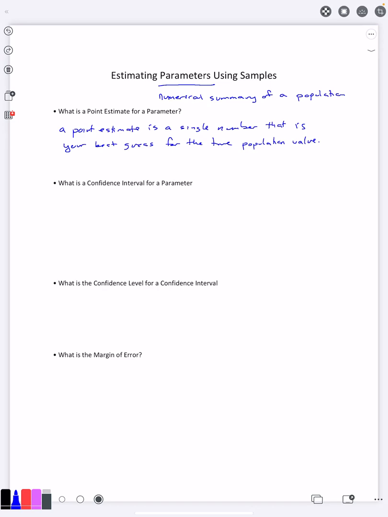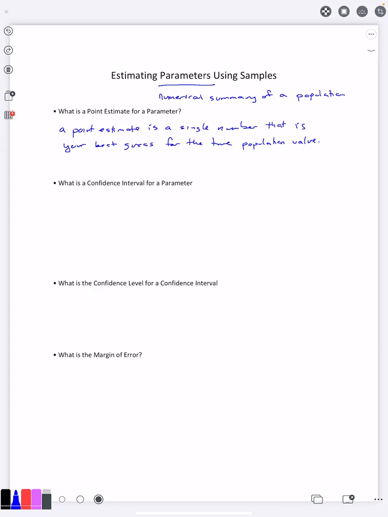Now, that's good in that all you have to do is come up with a single number and that's your best guess, and you can just tell someone that's your single number. So it's easy to find. However, there's a problem, is that you're basically never going to be right. It's incredibly unlikely that you are going to happen to pick just the right number that is the true population value, the true parameter.